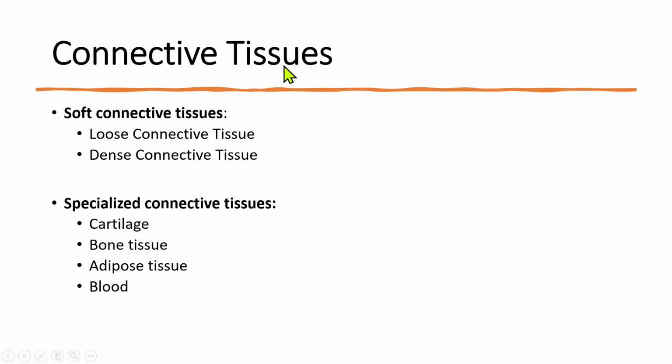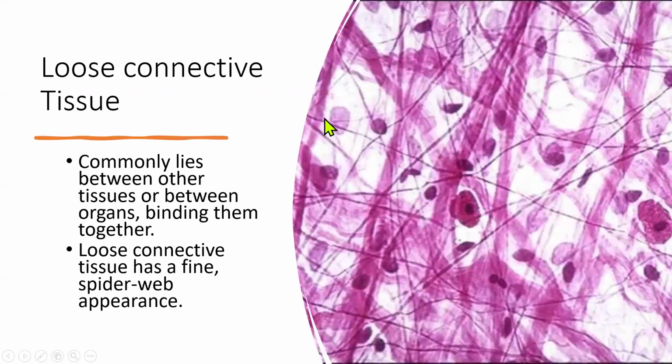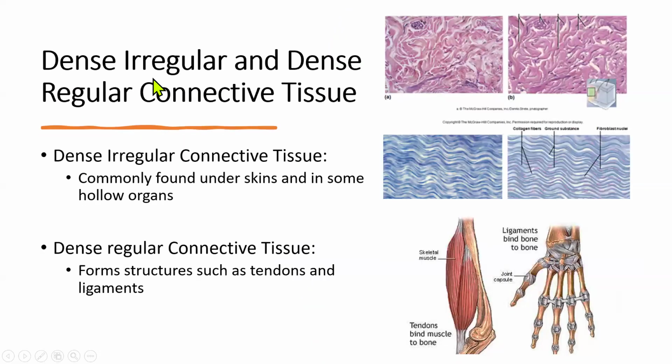So the connective tissues are separated into two categories, soft connective tissue versus specialized connective tissue. Let's look at the soft connective tissue first. Soft connective tissue is further separated into two different kinds, loose connective tissue and dense connective tissue.